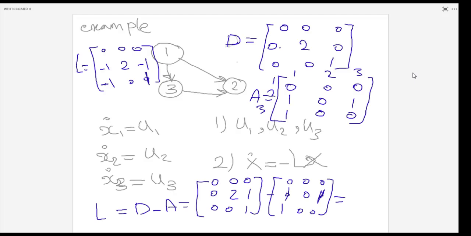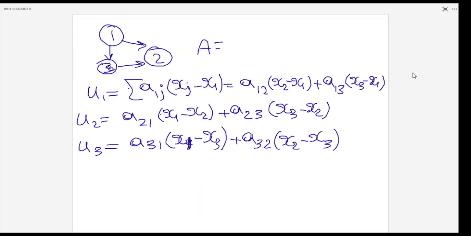And what about the adjacency matrix? This is the adjacency matrix. I should write it again. This is the adjacency matrix that we derived before. Okay, this is 1, 2, 3, 1, 2, 3.